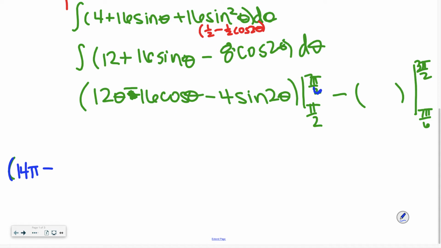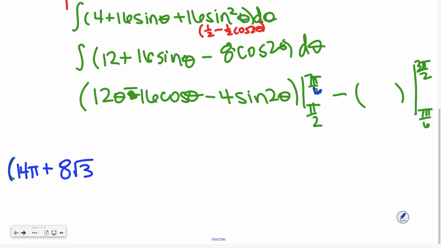Okay. Cosine of 7 pi over 6 times negative 16. Negative or positive 8 radical 3. Wait, never mind. I messed it up then. Oh yeah, 16 over 2 is 8.